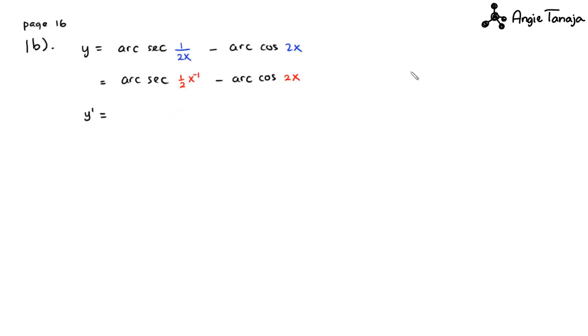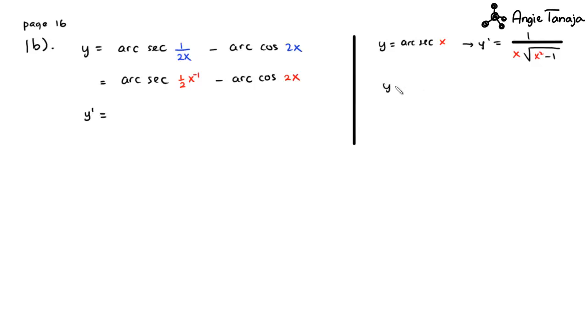Arcsecant, please recall, when you have y equal to arcsecant x, then it will be 1 over x root x squared minus 1. Correct?